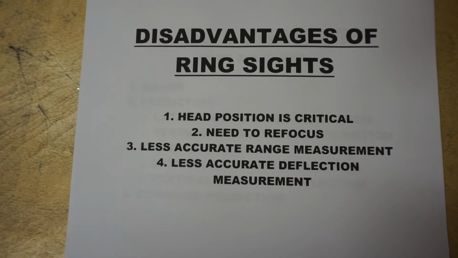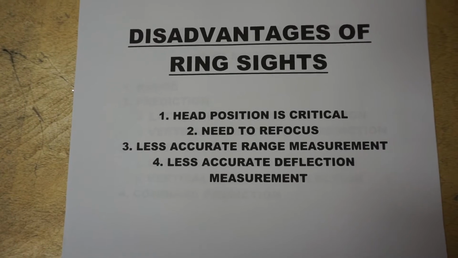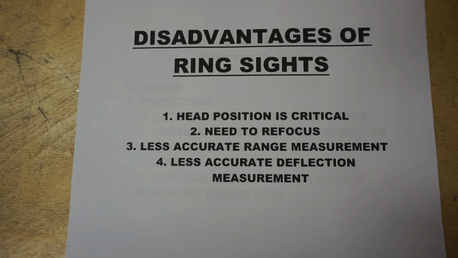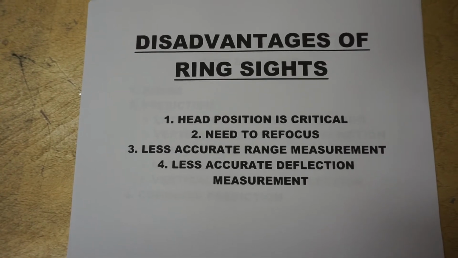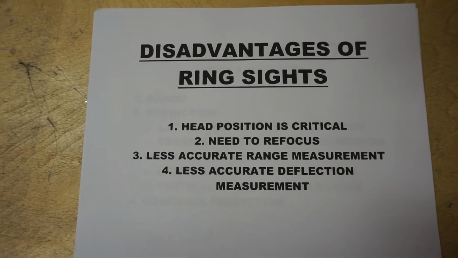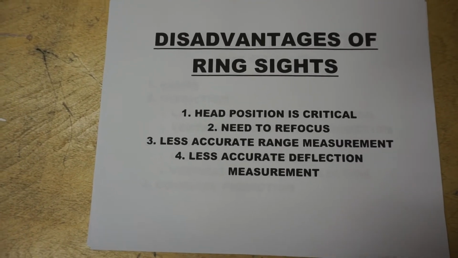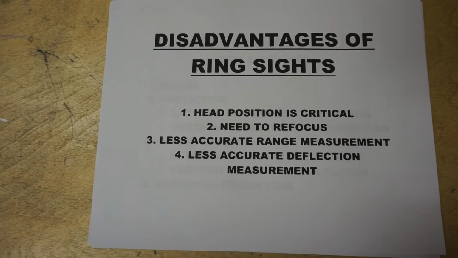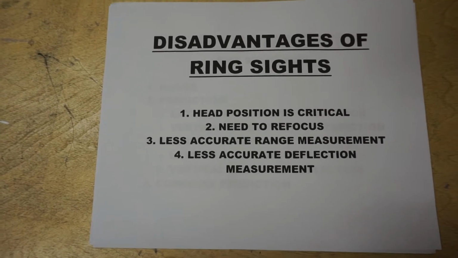This led to the development of the optical gun sight, which broadcast an image onto a reflectorized piece of glass. This actually put the image out to infinity. And the advantages of an optical sight were that no matter what your head position was in, the image that you saw from the reticle was correct.